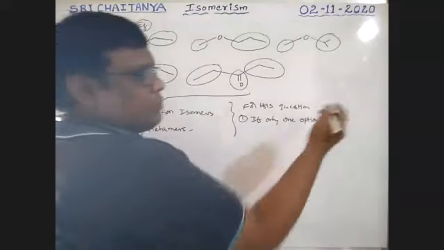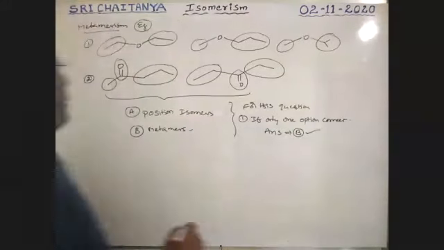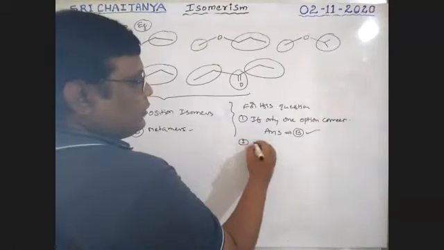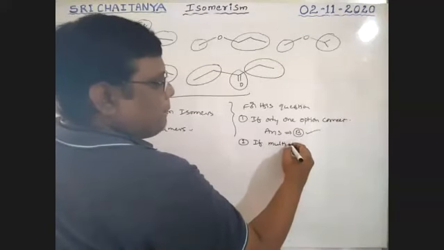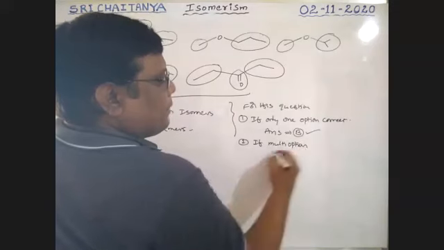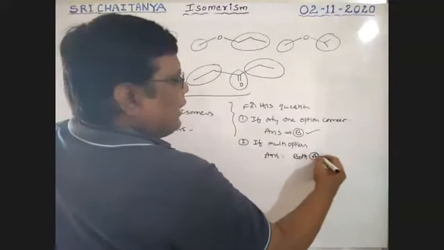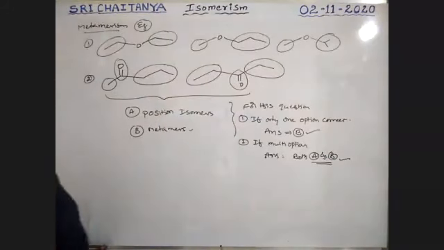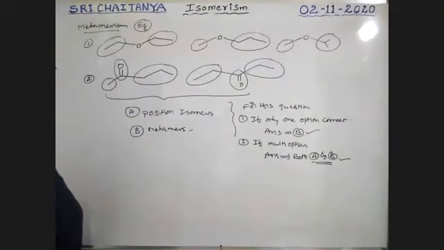Therefore, if only one option is correct, the answer is B. If it is a multi-option question, both A and B is the answer. So it depends on the question, boys. If it is single option correct, metamers is the answer. If multi-option, both A and B are possible.